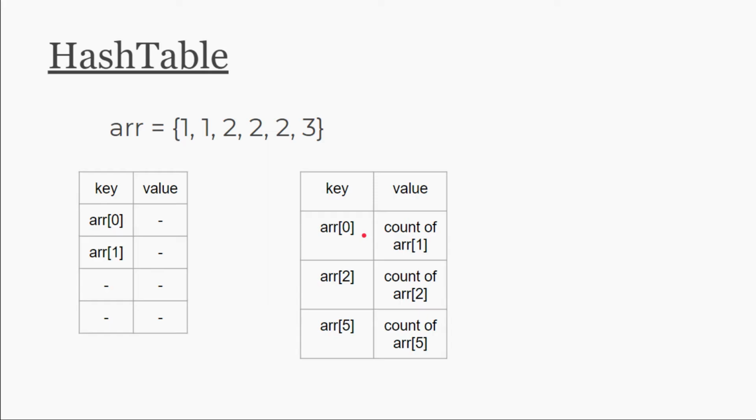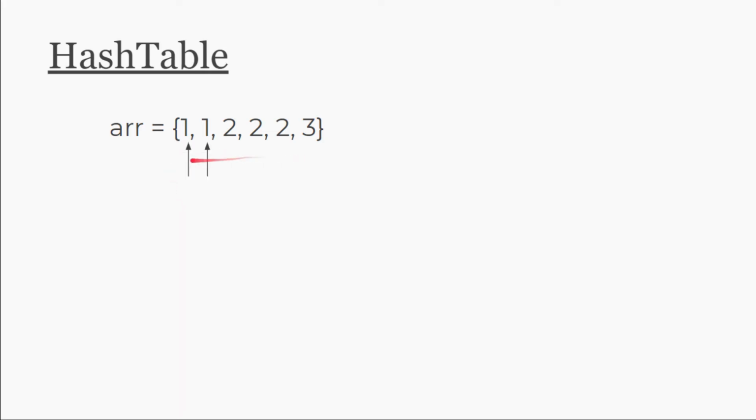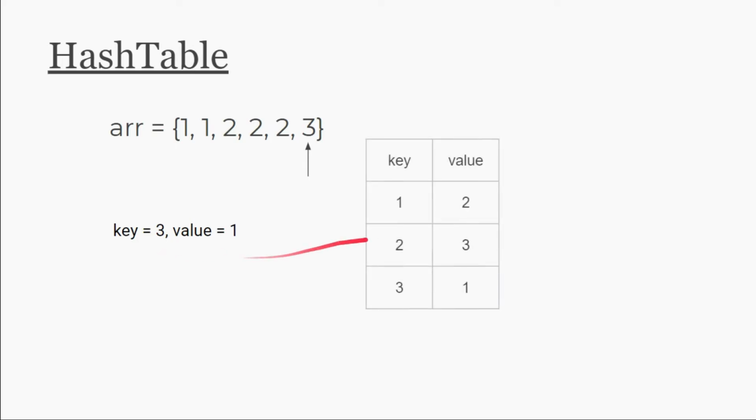That means, let's say we have this array, we have two ones, so our key will be 1 and its corresponding value will be 2. Similarly, for 2 we will have 2 as key and 3 as value because there are 3 2's. And for 3 we will have 3 as key and 1 as its value. So our hash map will look like this.